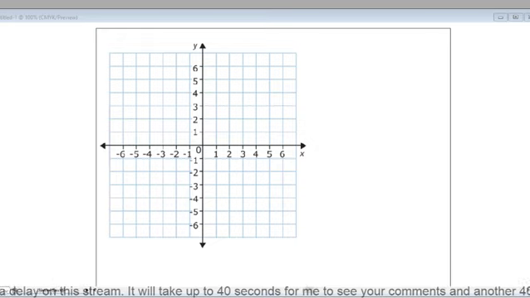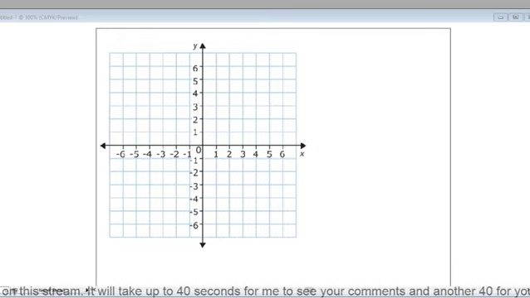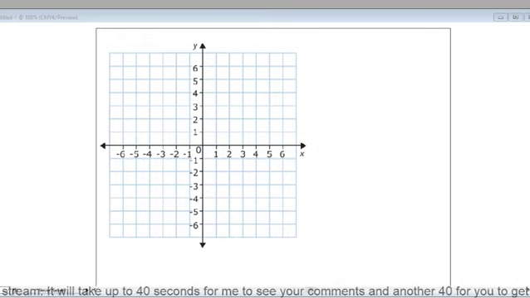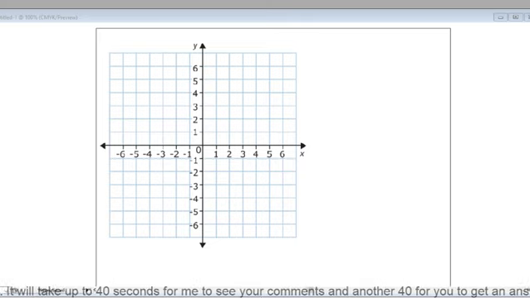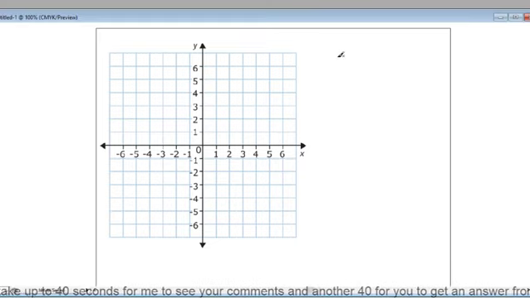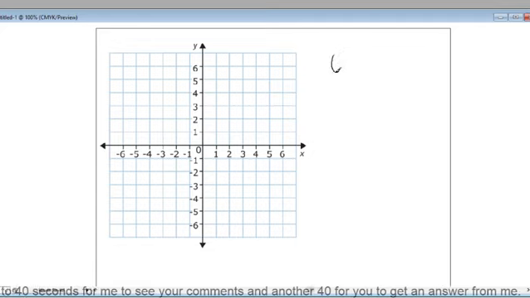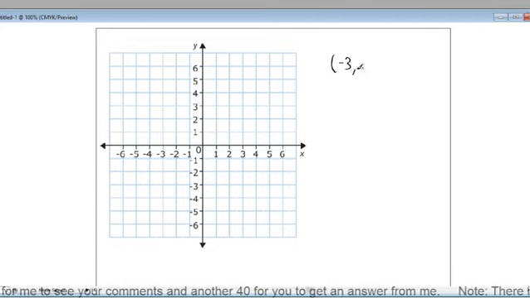And we can have values that we can plot on here. So for instance, maybe I have the value (-3, 5).